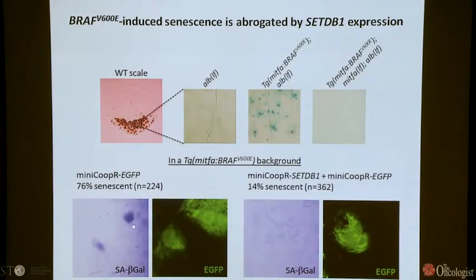And if you look down here, if you overexpress SETDB1 in our mini Cooper system with GFP, you see these senescent foci. So it was clear that at a cellular level, what SETDB1 was doing was essentially preventing senescence of these lesions. So the animals went on to develop tumors in part because of suppression of senescence in this lesion.